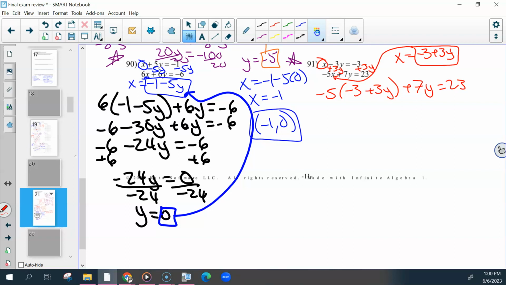Distribute and start solving for y. Have 15 minus 8y equals 23. Subtract 15 to the other side.